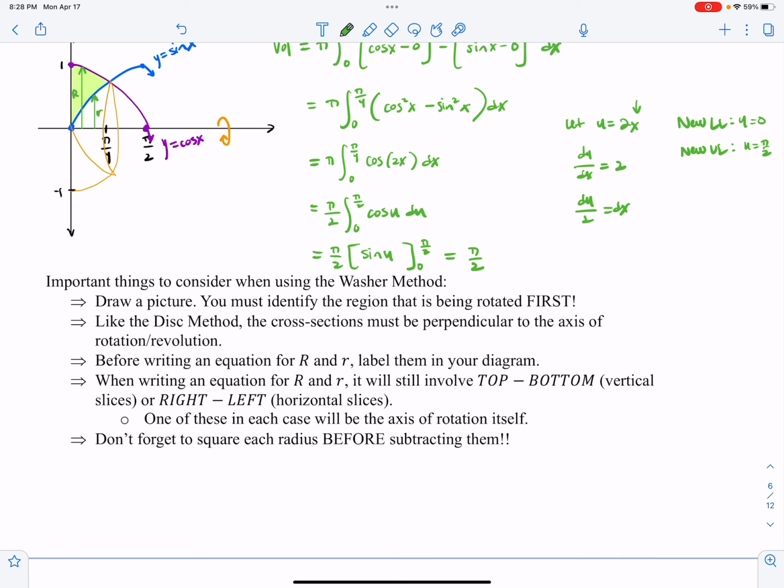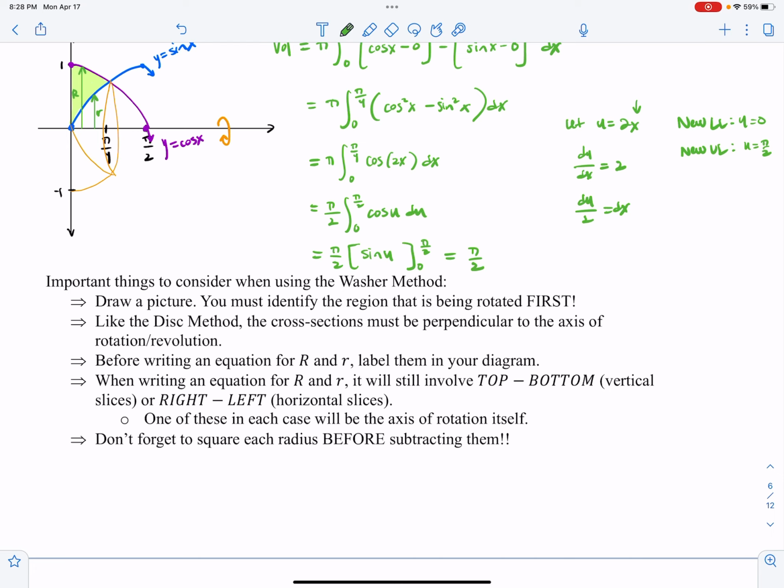Like the disc method, the cross sections must be perpendicular. So for both of these methods, the cross sections have to be perpendicular to the axis of rotation. There are other methods that can be used if they are not, but we are not getting there in this class. That will be BC.